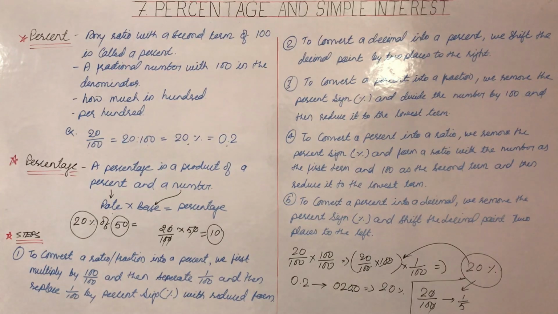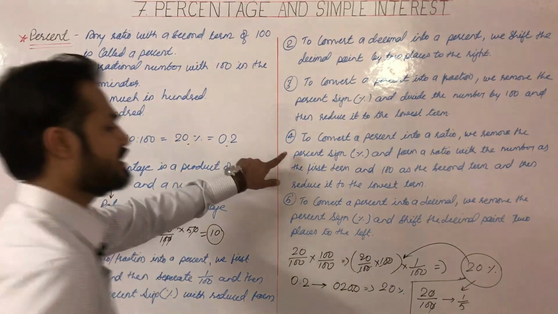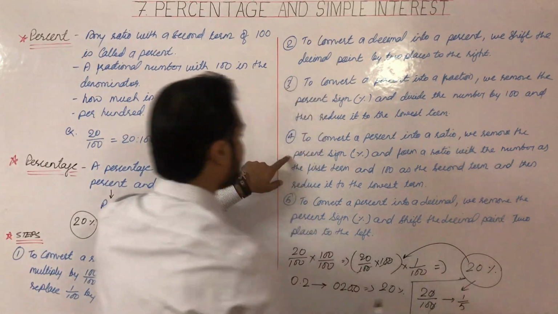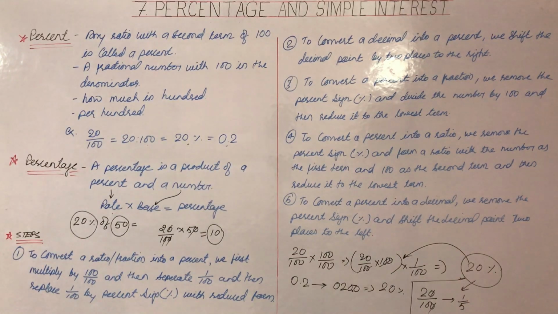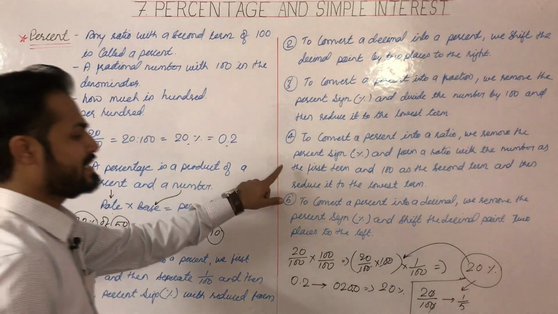Fourth step, to convert a percent into a ratio. First we will remove the percent sign and then form a ratio with the number as the first term and 100 as second term.